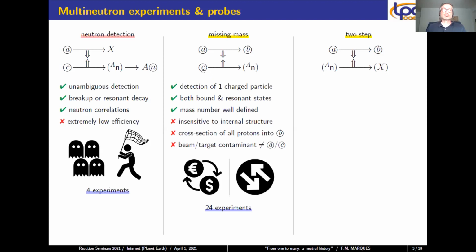The cross sections to put all the protons into B are typically small. And if you have beam or target contaminants different from A or C, then you can produce B without a multineutron.